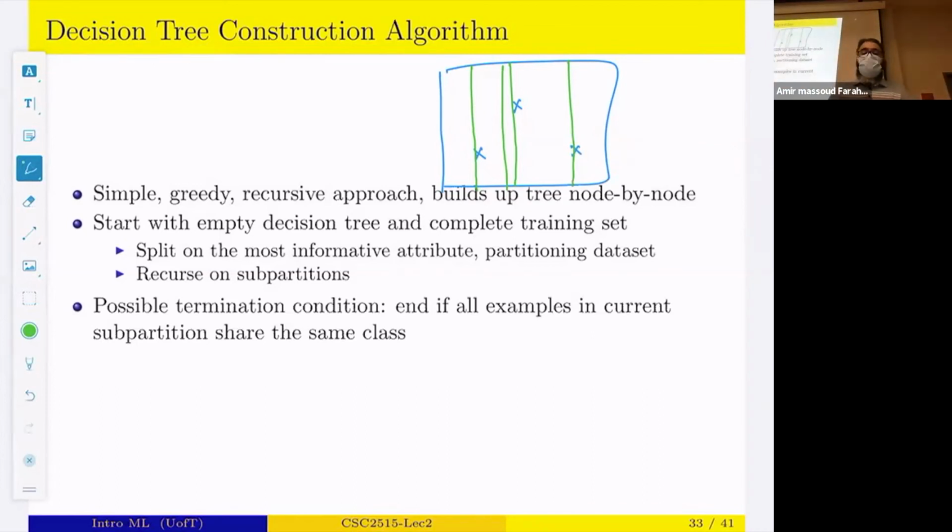So the comment was that if we have 10 dimensional input, we have to go through all 10 dimensions to see which one has the best split. Yes, that's true. If you have a 10 dimensional variable and say 1,000 data points, it would be 10 times 1,000 possible choices for each node of the tree when you want to expand.